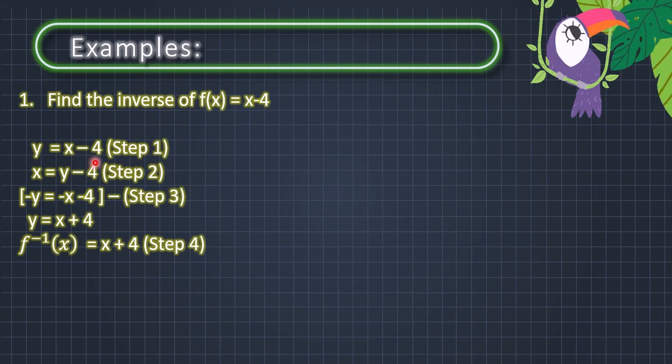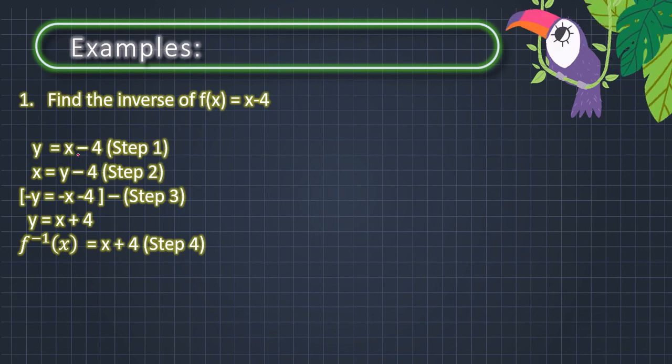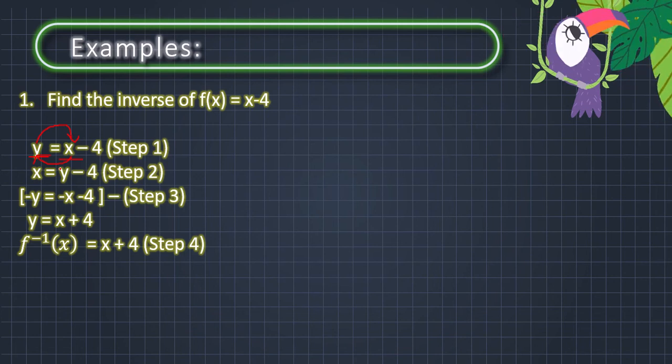After that, if you remember step 2, we are going to interchange y and x, which means y will be placed here and x will be placed here. We are just simply interchanging their positions without changing the values, because if you change it, for example, when you transfer x here, it will become negative x.